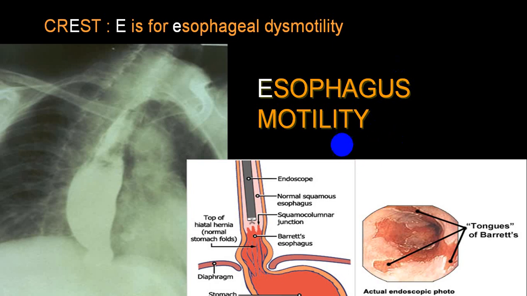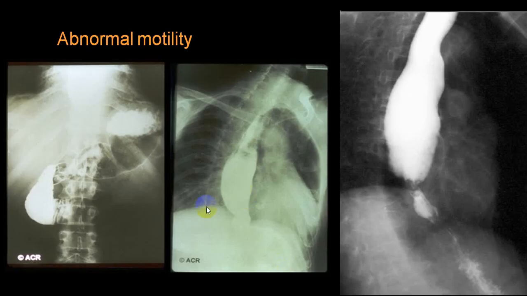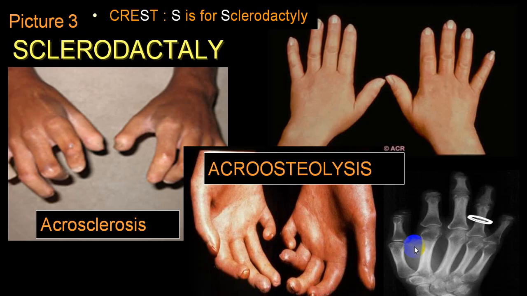Esophageal motility will be affected. So you will have a narrowing at the lower esophageal sphincter. You will have GERD, and that can result in damage, and you can even have Barrett's esophagus. Abnormal GI motility leading to GERD is quite common.